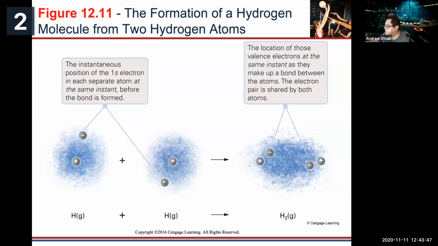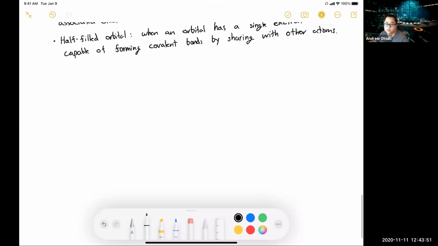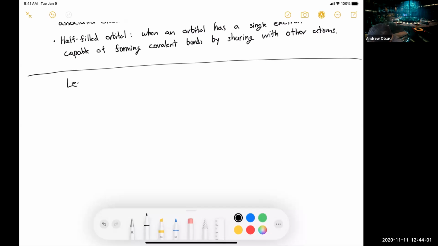We're going to talk next about Lewis diagrams. A Lewis diagram is, obviously, a diagram, but it's basically a visual representation of something.